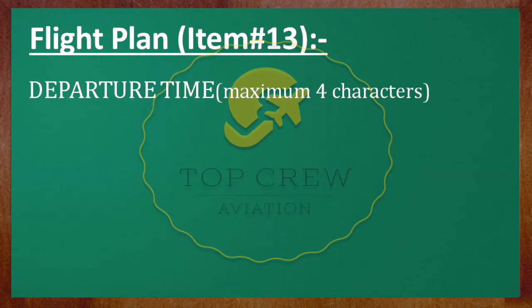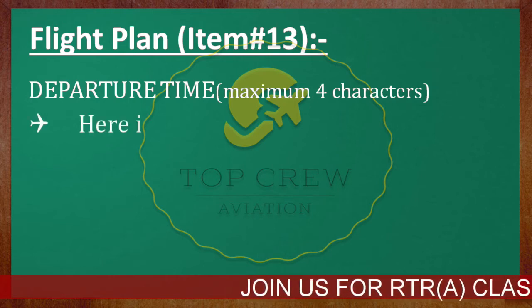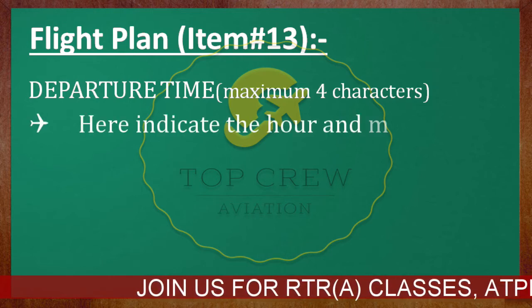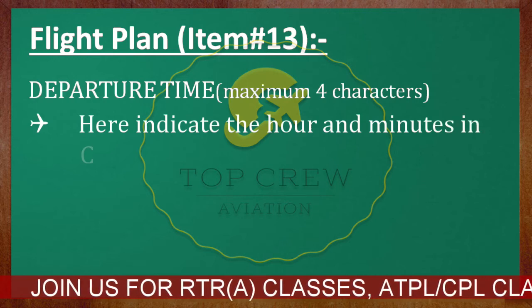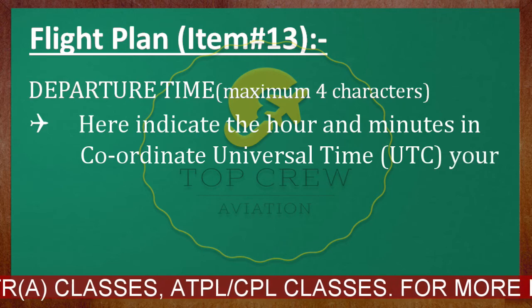Now the second box, I would say, or the second thing in item number 13 is departure time. Again, maximum 4 characters. Here indicate the hour and minutes in coordinated universal time. Coordinated universal time is the full form of UTC.